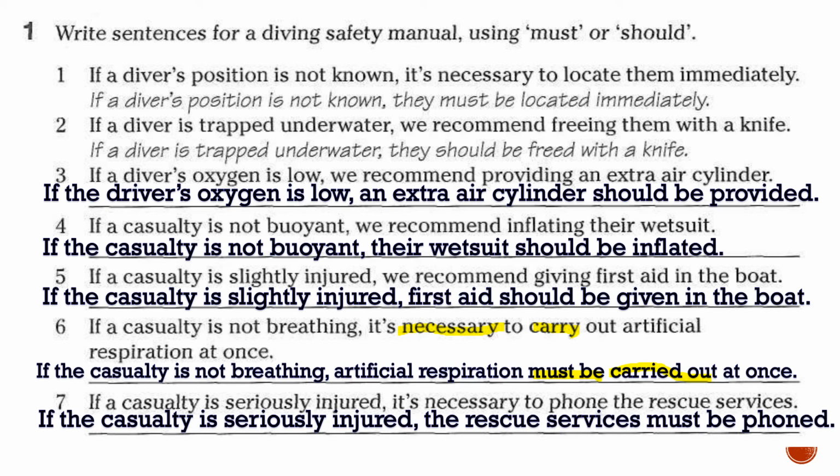Here, it's necessary, so we use must be. The verb is phone, which means to make a call, to call somebody. The rescue services is the object. We start with the object. The rescue services must be phoned, using the past participle.